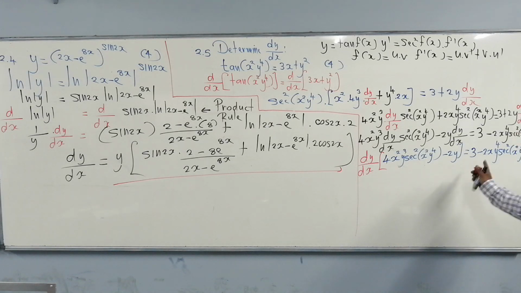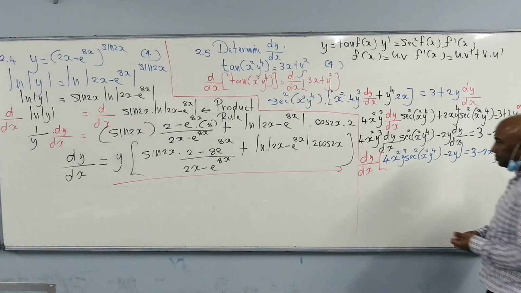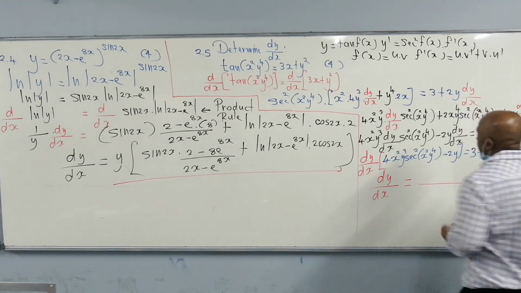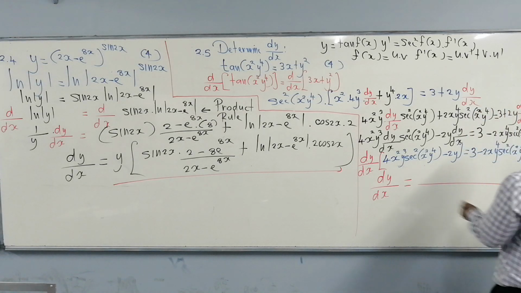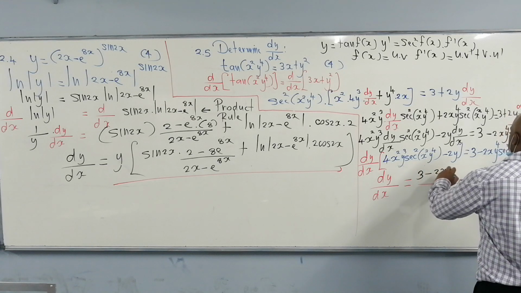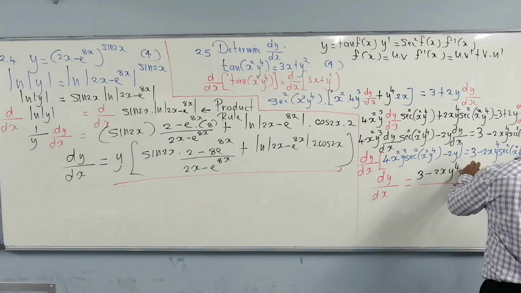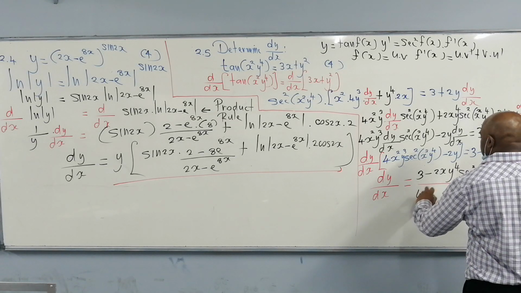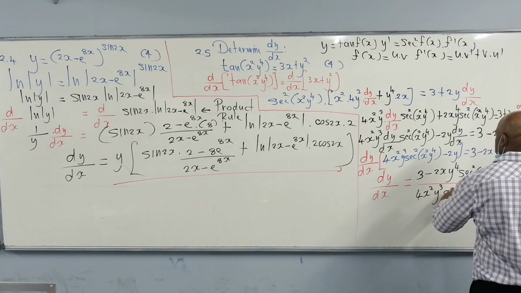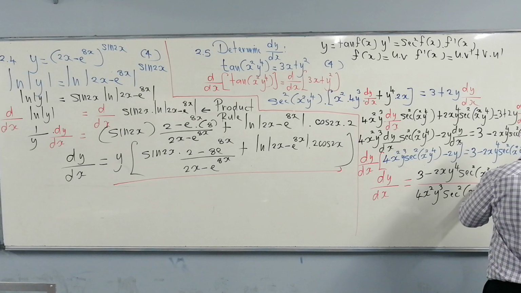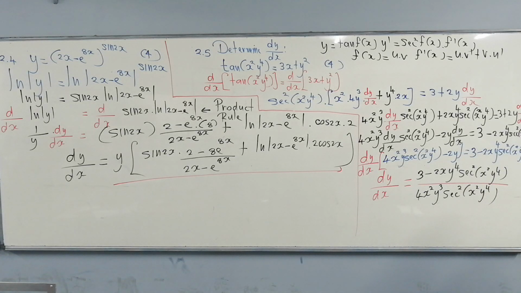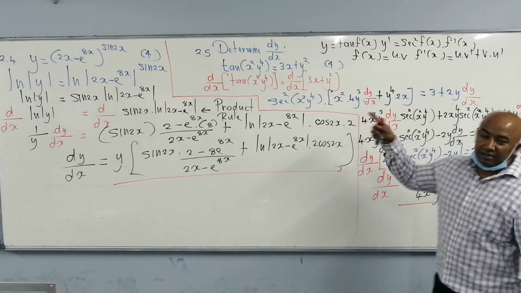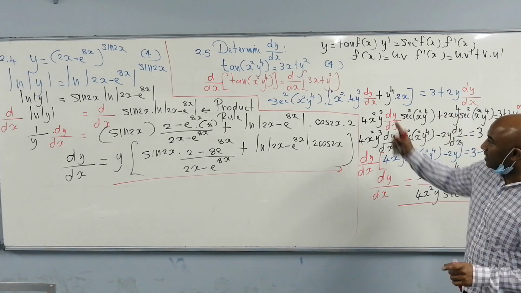And then finally, just divide, and then we're done. So I have 3 minus 2x y to the power 4 sec squared x squared y to the power 4, all divided by 4x squared y cubed times sec squared of x squared y to the power 4 minus 2y. It just takes too long to do this manipulating, but the main thing is, did you recognize your formula that needs to be used and the product rule?